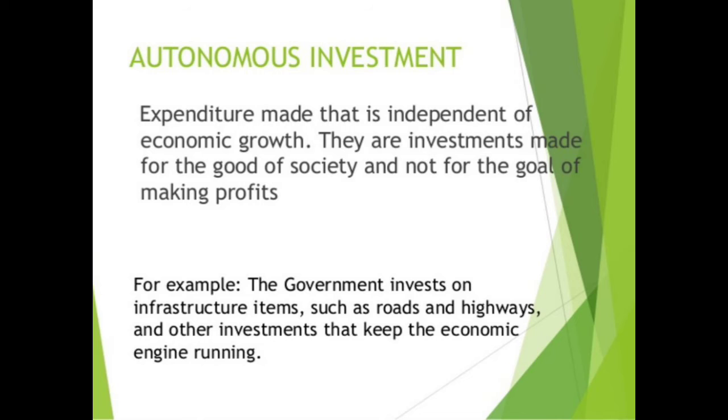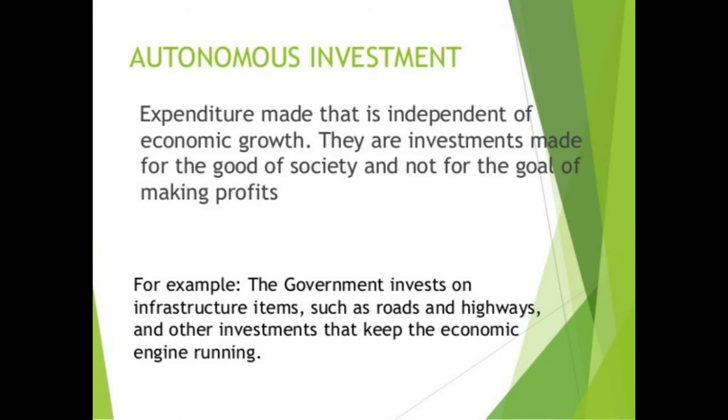Another example: expenditure that is independent of economic growth. They are investments made for the good of society and not for the goal of making profits. For example, the government invests in infrastructure such as roads, highways, etc. So these kinds of investments are known as autonomous investment.